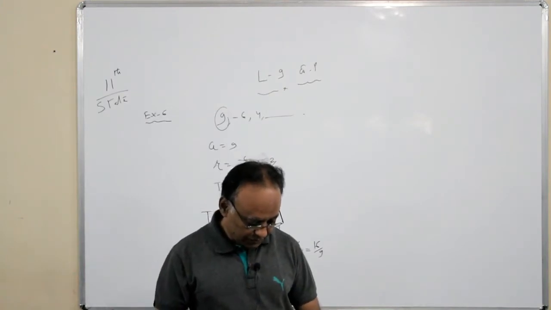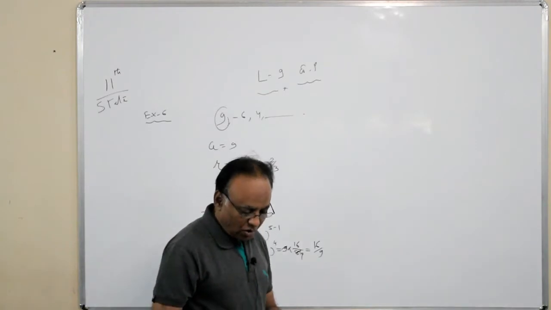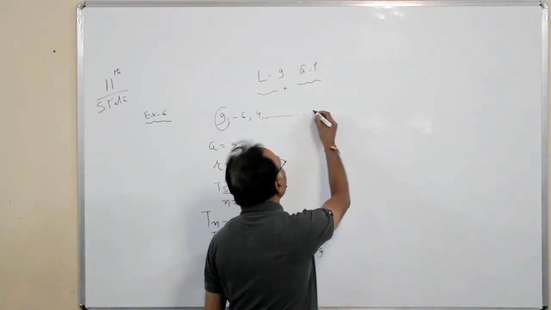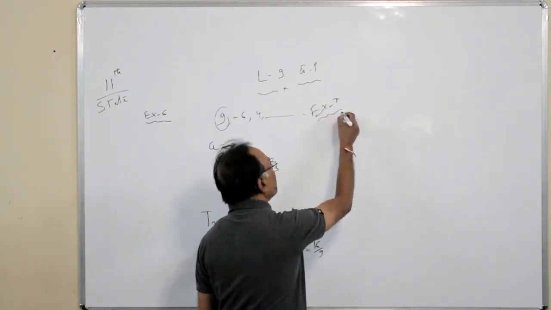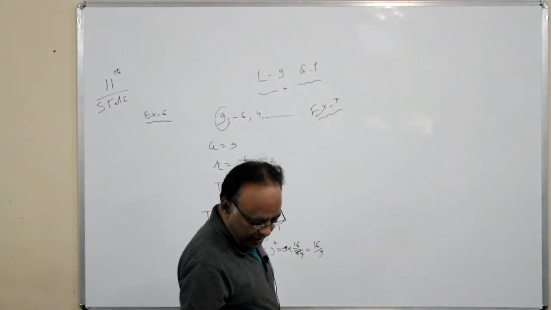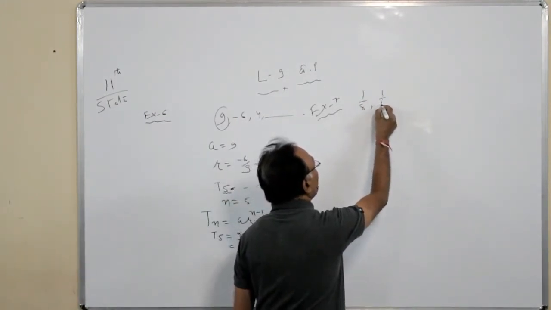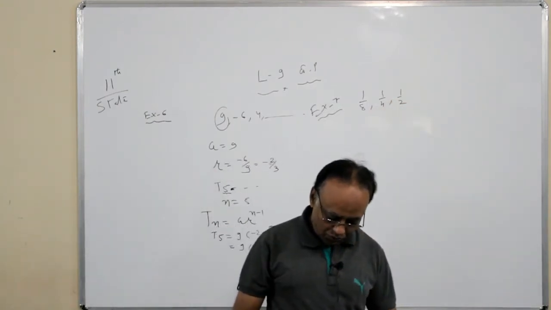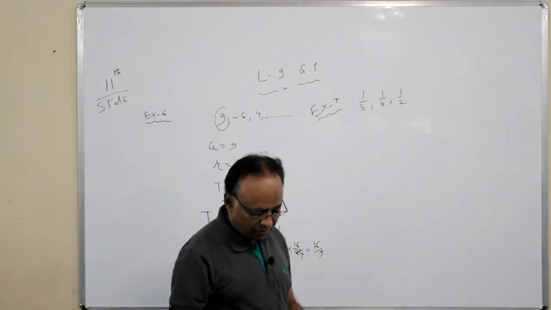Find the 8th term of the GP 1 upon 8, 1 upon 4, 1 upon 2, and so on.